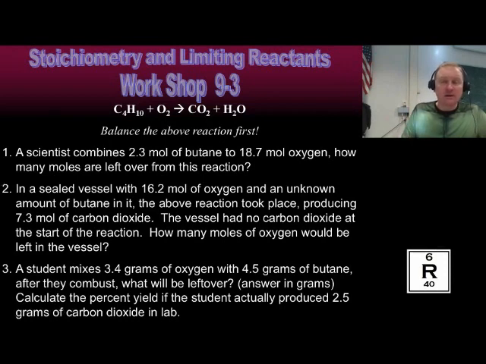I'm giving you an amount of butane and an amount of oxygen. Once you balance this equation, figure out which one is in excess. Is it the butane or the oxygen? Then determine the one that is in excess, subtract what's used by the limiting reactant, and the limiting reactant will tell you how much carbon dioxide and water there'll be.